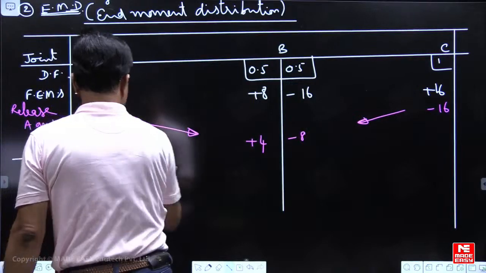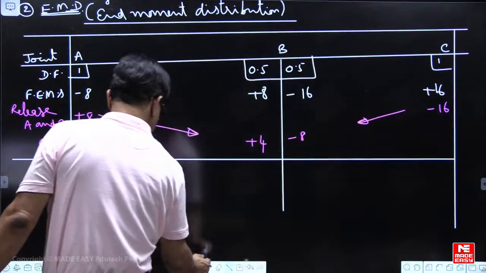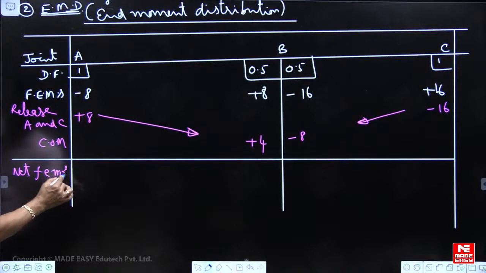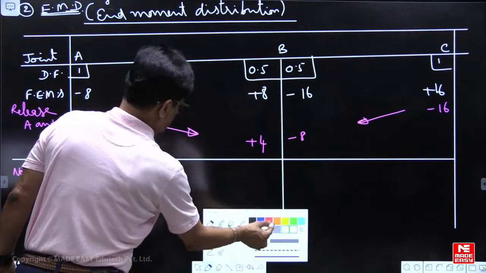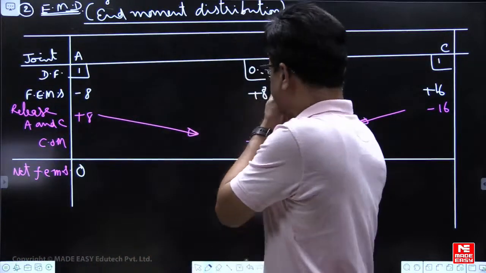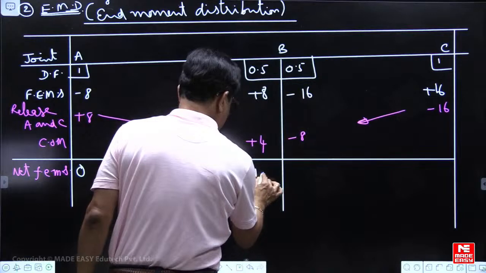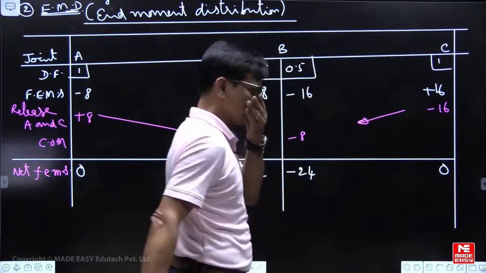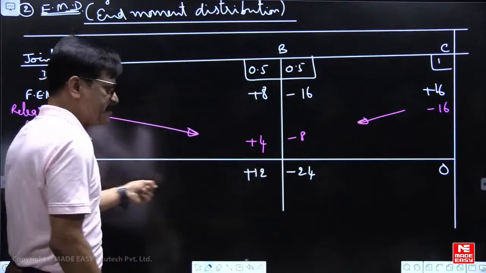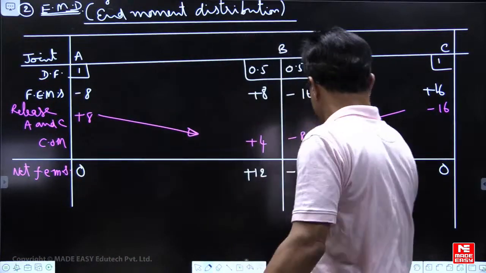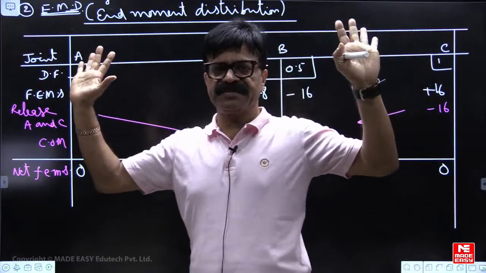Now we will get net fixed end moments. Here 0, so now that means we are releasing joint A. Here plus 12, minus 24, 0. What this net fixed end moments line will tell us, we are not fixing A, not fixing C. We fixed it but we released it.